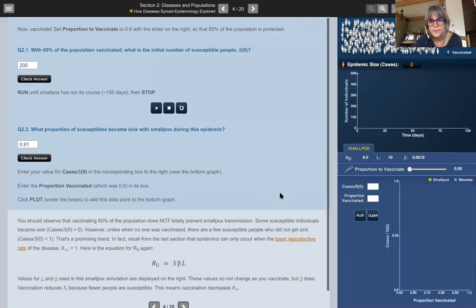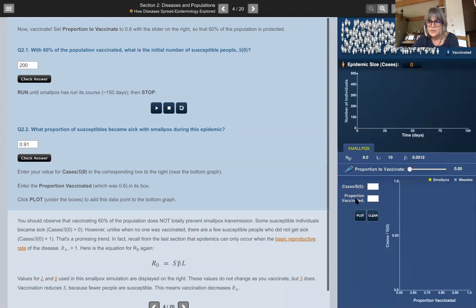The trick here is that I need to calculate the number of cases divided by the population size. As the population size increases, the number of cases might increase, but it's the proportion that gets sick that matters.